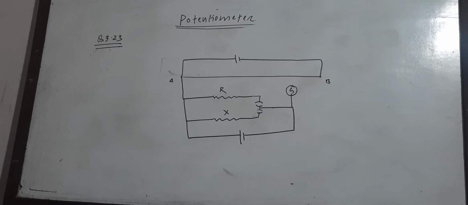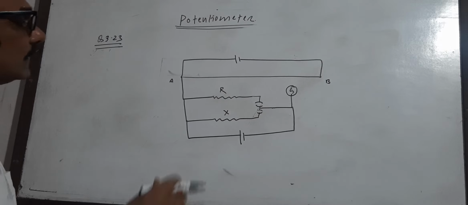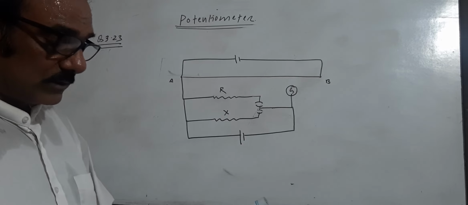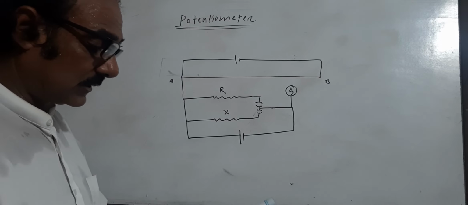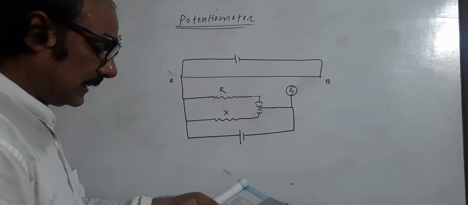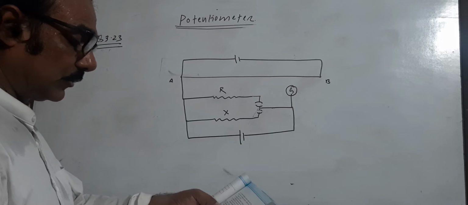So in this question, figure 3.34 shows a potentiometer circuit for comparison of two resistances. The balancing point with the standard resistor R equal to 10.0 ohm.